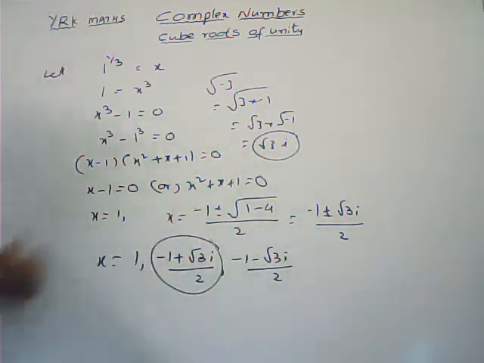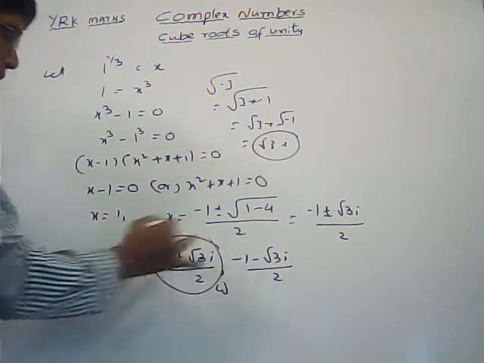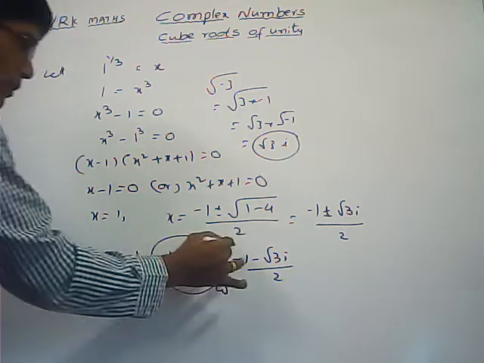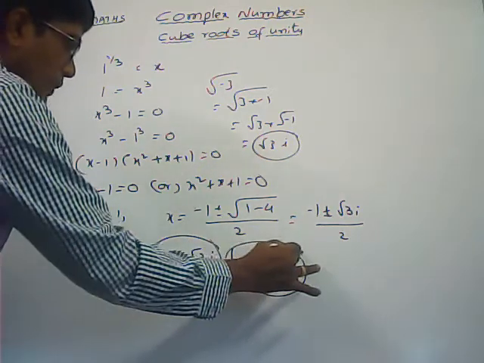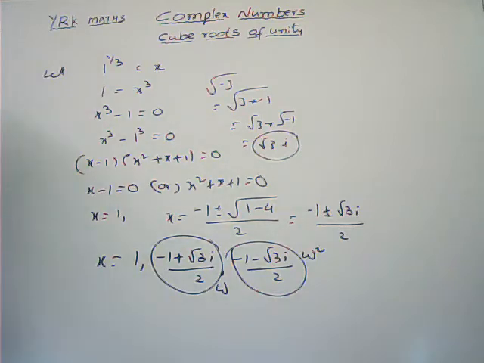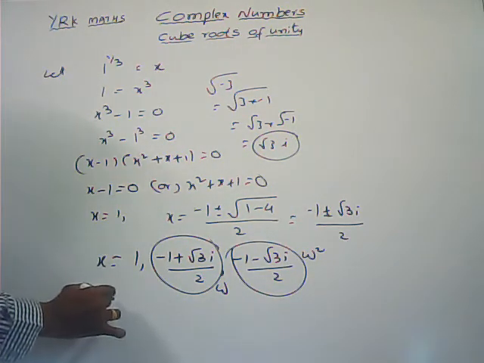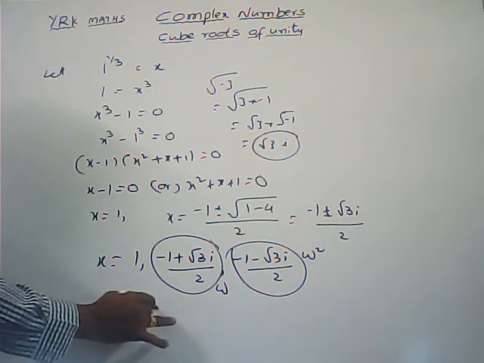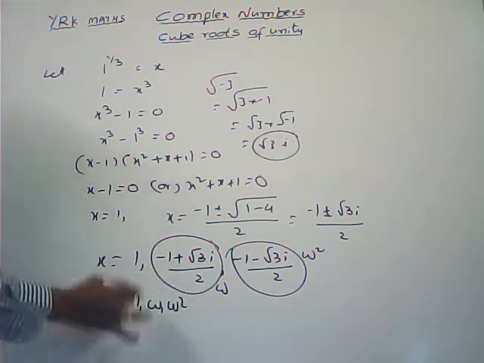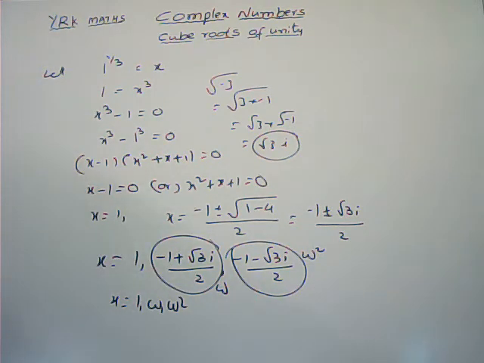These are the standard notations only. Minus 1 plus root 3i by 2 we consider omega, and minus 1 minus root 3i by 2 is omega square. So x equals 1, omega, omega square, where omega equals minus 1 plus i root 3 by 2 and omega square equals minus 1 minus i root 3 by 2.